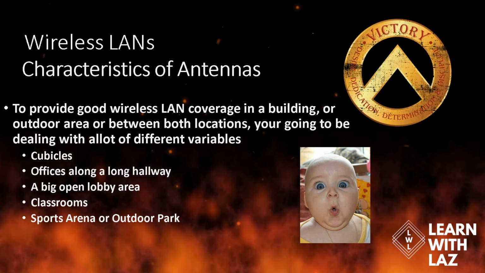When you buy little wireless routers at the store, they have little omnidirectional antennas that can only go up to 300 feet. You're going to need a lot of those. So you may have a bigger antenna, like those big radio tower antennas for cellular. The higher they're up, the better, and the power being outputted through there is going to help a lot.